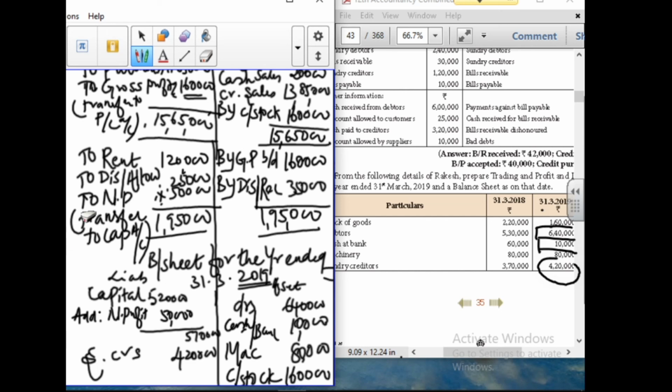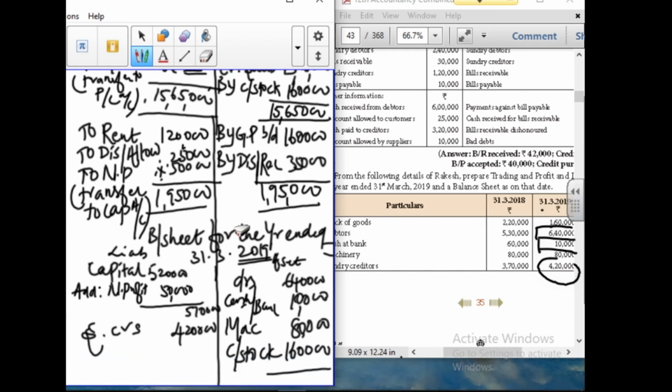We'll add this balance sheet, whether it's going to be tallied or not. Capital 5 lakh 20 plus net profit, the total comes around 5 lakh 70. Creditors 4 lakh 20. So your total comes around.